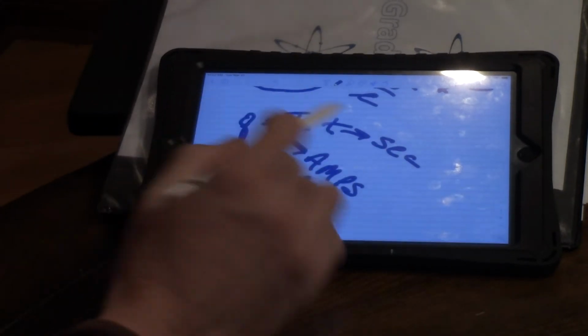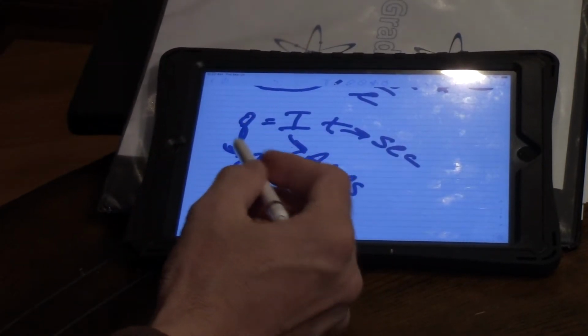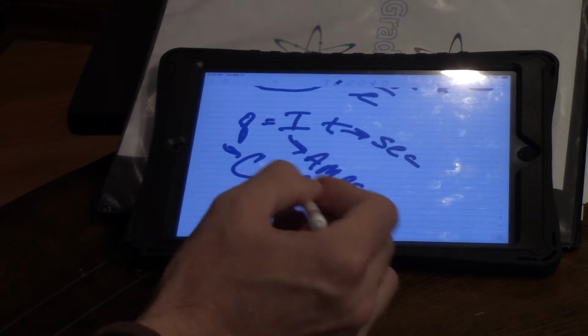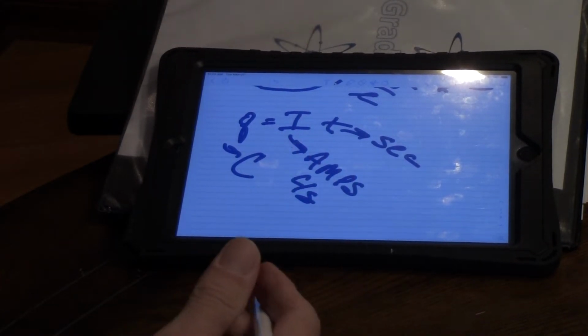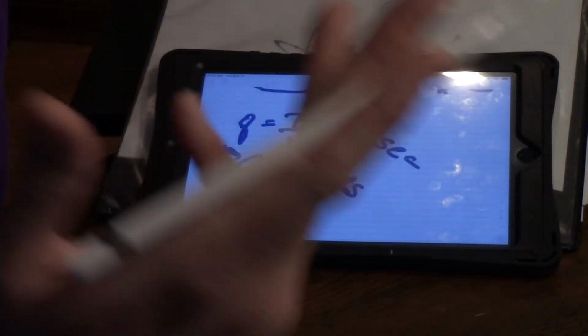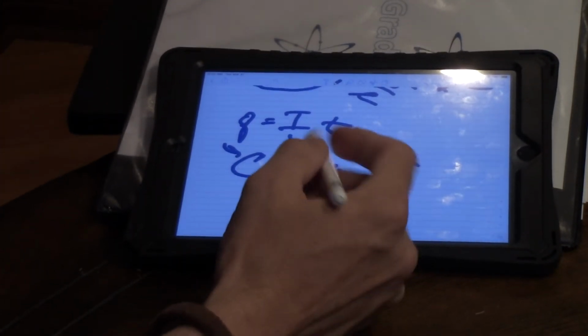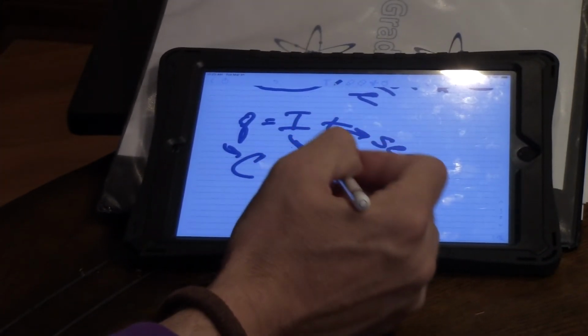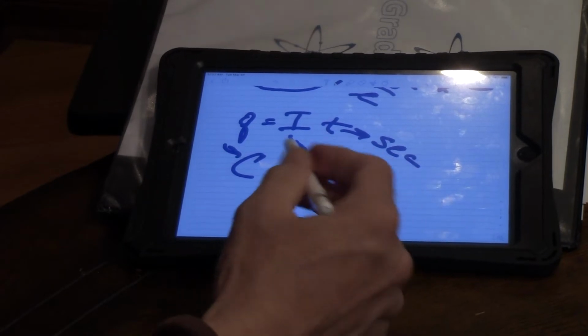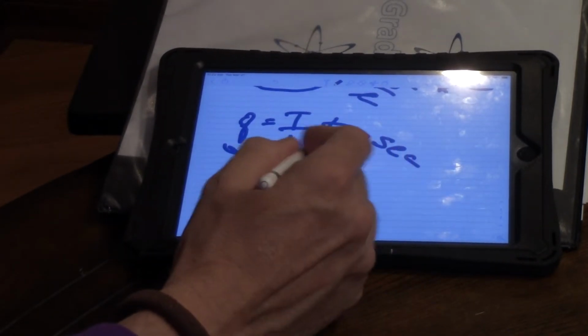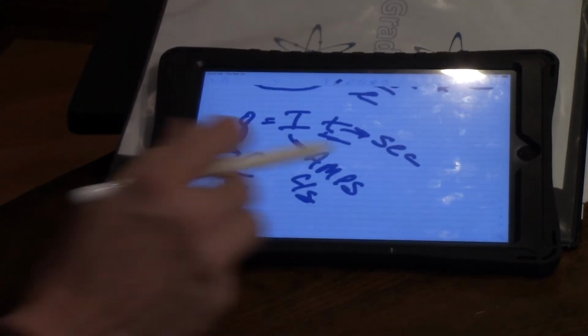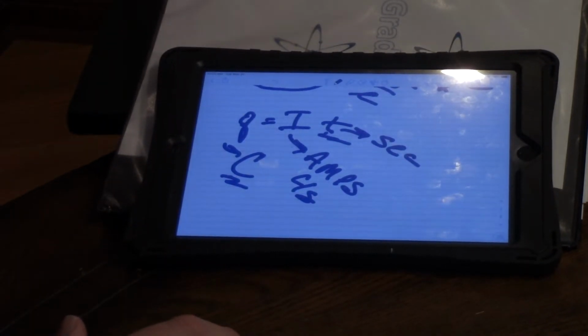So basically all this is saying, if I have a certain amperage, for example, your house might have a 15 amp breaker. On a 15 amp breaker, that means that you have 15 coulombs per second flowing through that circuit. Here's the time in seconds. This is the amount of coulombs and charge that's going to happen.